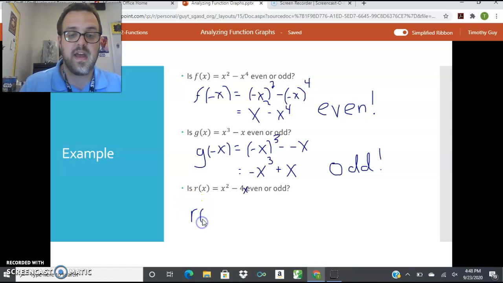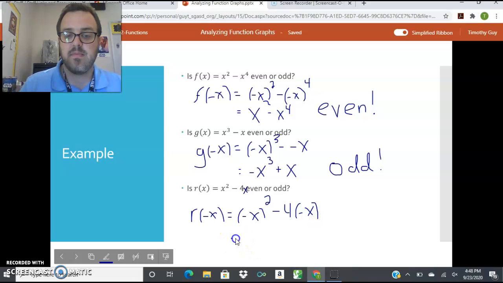So r of negative x will equal negative x squared minus 4 times negative x. We'll simplify this just like we did the last one. Negative x squared is going to be x squared, and negative 4 times negative x is going to be a positive 4x.